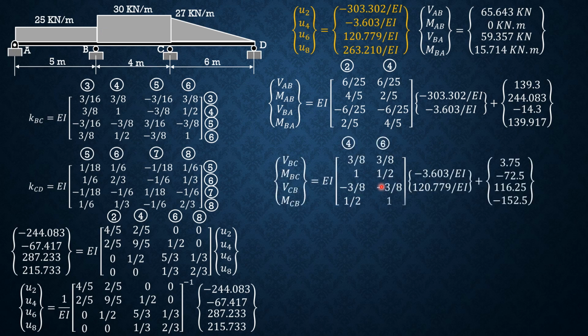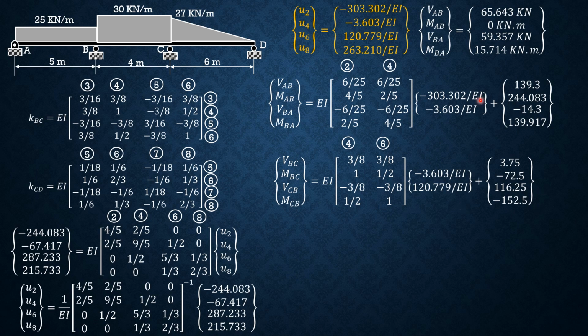So for shear BC, moment BC, shear CB, moment CB, we are only interested in the elements in columns 4 and 6. And these are the global displacements, U4 and U6. And these are the fixed forces. So same explanation as above, so I don't need to explain it anymore.